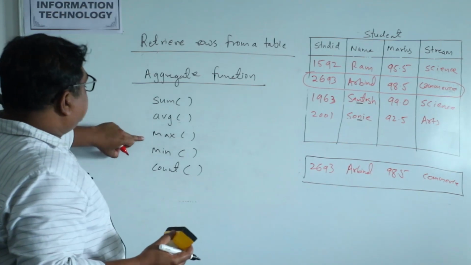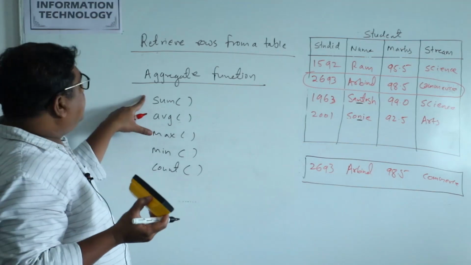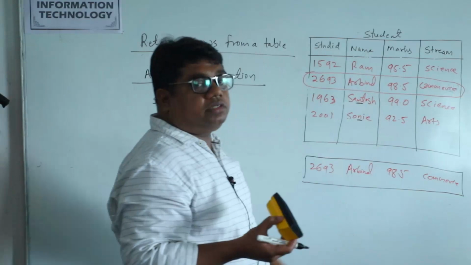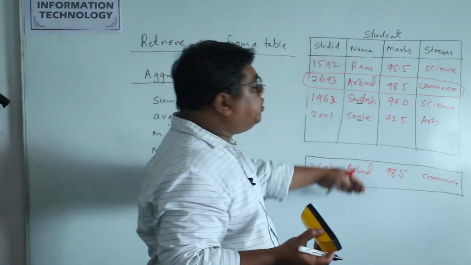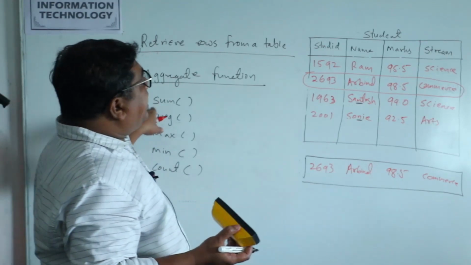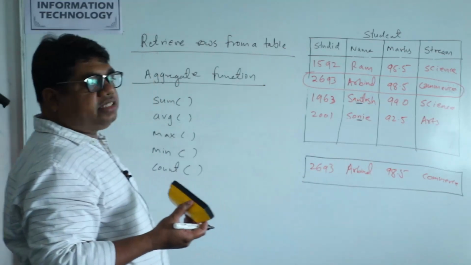These are built-in functions available in SQL, and they work on a group of column values. And I want to find out the total marks of the college.